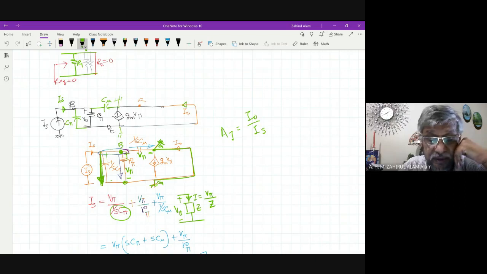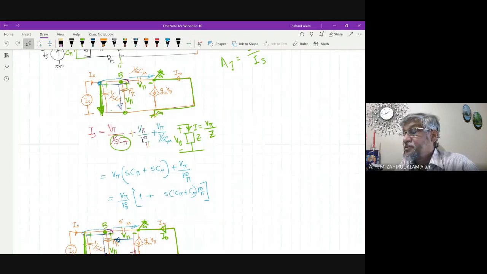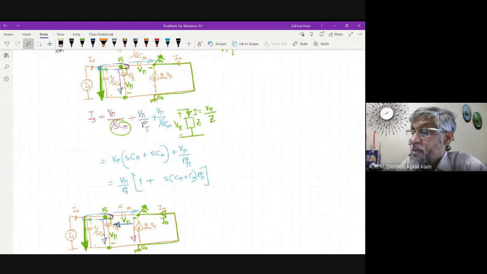So now how do we write it? I have written KCL for the input node: voltage divided by impedance, this current, this current, this current, and this current.